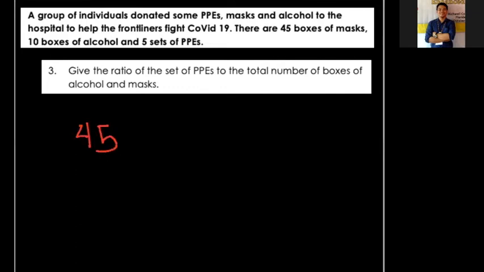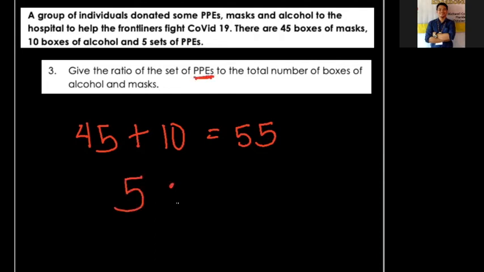We have 45 for the mask plus 10 for the alcohol. So we have 55. Then we can already express the ratio as 10 for the PPE is to the total number of boxes for alcohol and mask, which is 55.